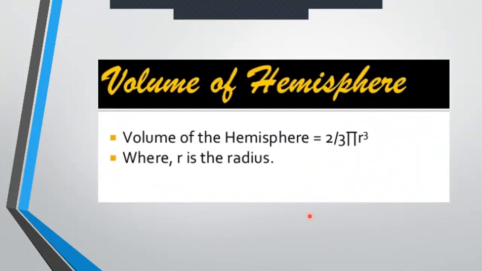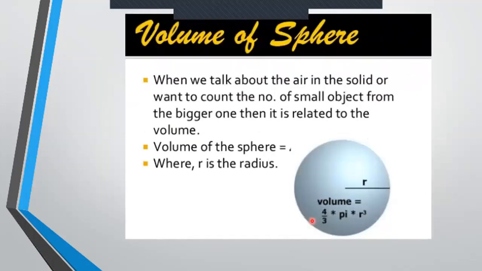Please write this down. Write the previous one first. Write down the volume of a sphere, where r is the radius, is 4 upon 3 pi r cube. When this sphere is cut into two, making two hemispheres, this full volume is also divided by 2 to give you the volume of a hemisphere.